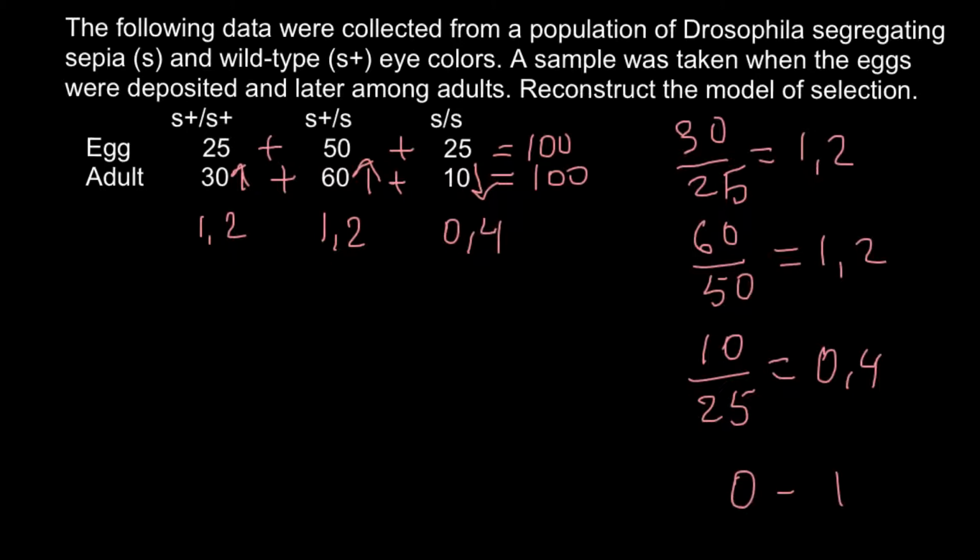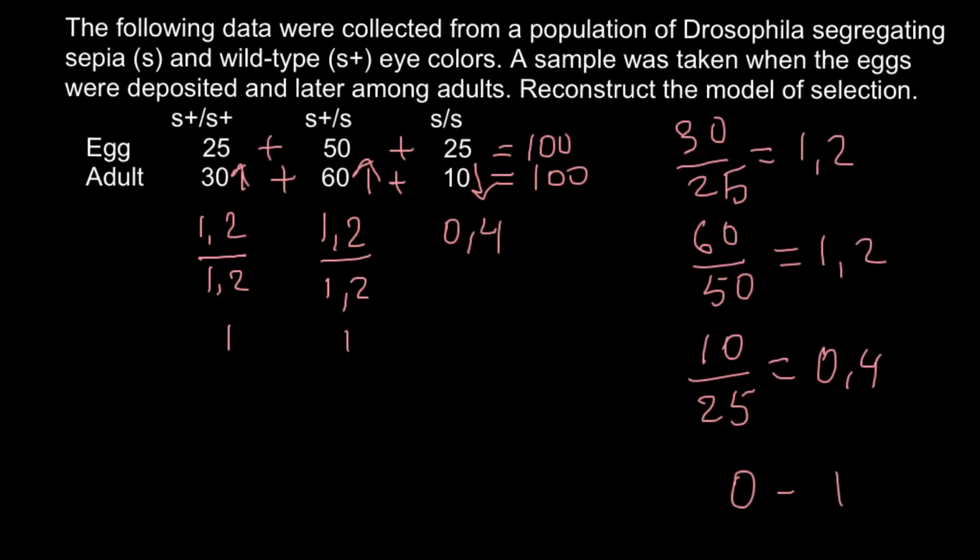Here we have two such genotypes, not one, so we use this number, 1.2. If we divide 1.2 by 1.2, we get 1, and the same here, we get 1. So this is going to be relative fitness.